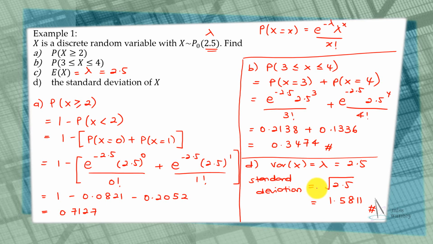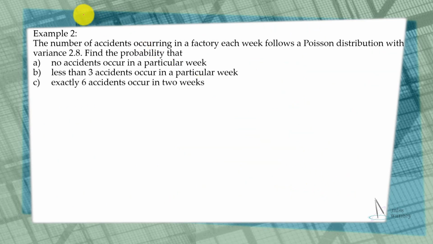Okay, so let us go to the next example. The number of accidents that occur in a factory each week follow a Poisson distribution with variance 2.8. So let X represent the number of accidents each week, that means in a week.